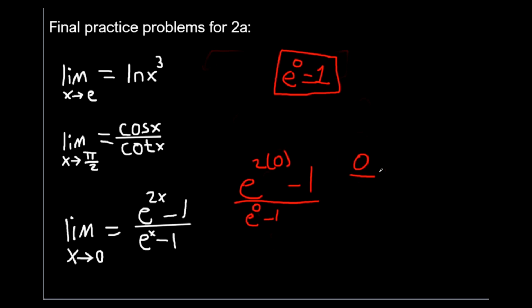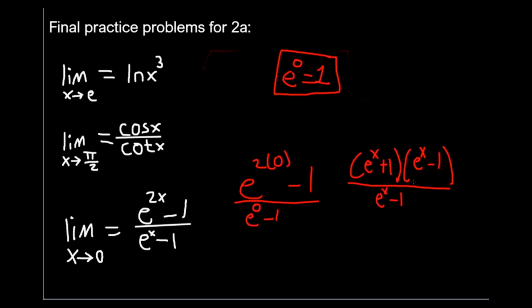Okay, so let me make some room, and then we are going to rewrite it. So we're going to have e to the x plus 1 times e to the x minus 1, and then we're going to have that over e to the x minus 1.